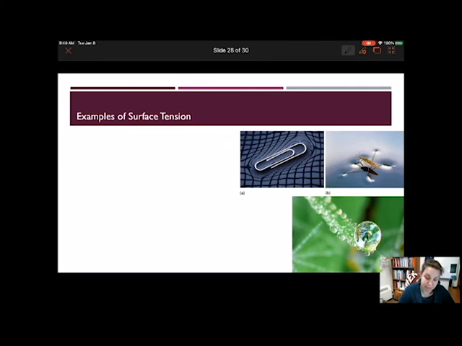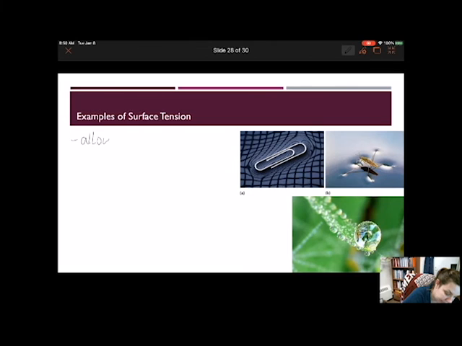If we have something like a bug walking across water, or a water droplet forming, that's due to surface tension. The water likes itself more than the surface it's on, so it's going to decrease its surface area so it has more contact with itself versus the thing it's in contact with.